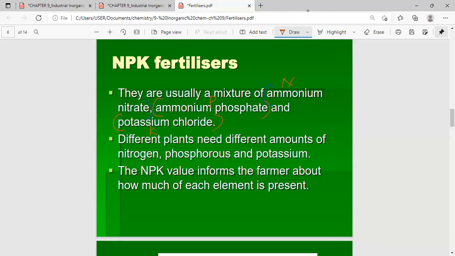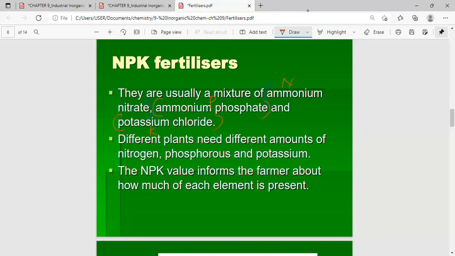Different plants need different percentages of potassium or phosphorus. Like sometimes when you're deficient in iron, you have to take some iron tablets. Some of you might not have enough calcium, so maybe you have to take calcium supplements. Some of you, your immune system is so weak, you need some vitamin C. So different plants need different amounts of the elements.